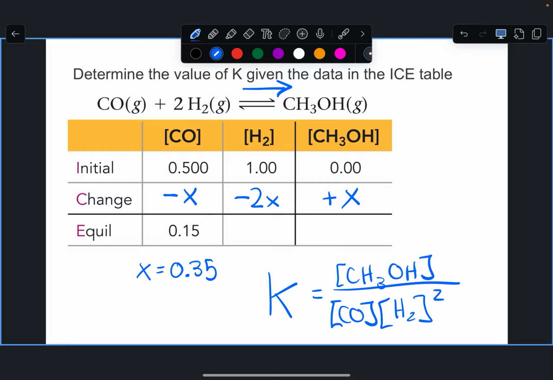All right, so the ICE table is super important for processing all of your information. We won't finish it right now because it's 50, but you could plug that in, maybe do it on your own or at the beginning of class.